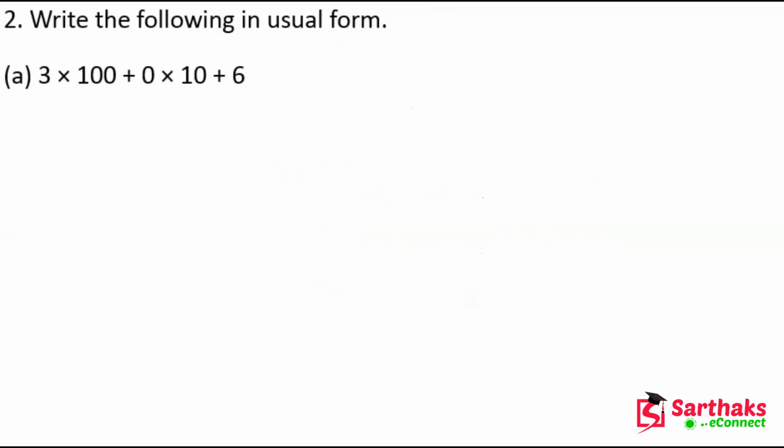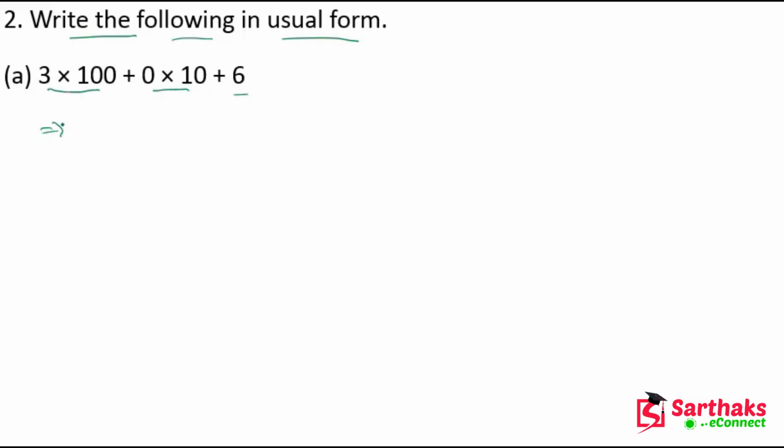Okay? Now in this question, we have to write the following in usual form. Here we have an expression, and we have to do the reverse process. We have the general form and we have to write it in the usual form. So here you can see 3 into 100 plus 0 into 10 plus 6.